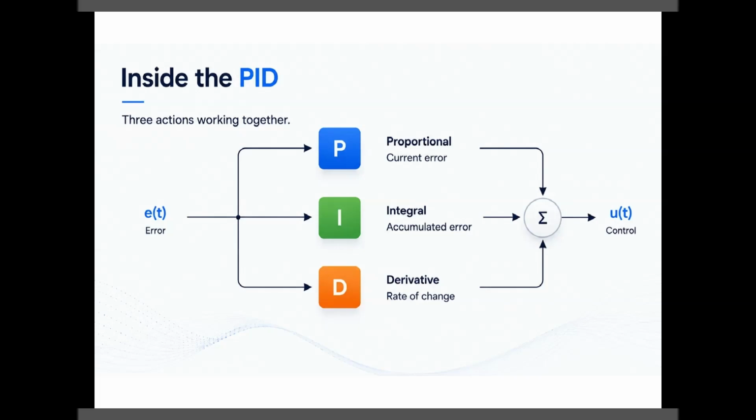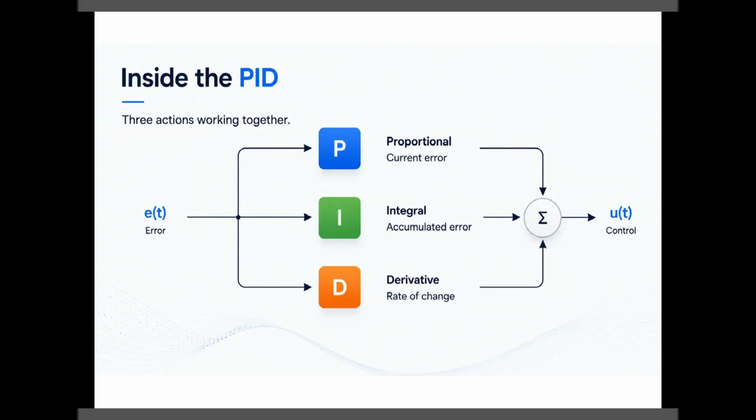Finally, we have the derivative term. Rather than looking at the present or the past, it looks toward the future by measuring how quickly the error is changing. If the error is decreasing rapidly, the derivative term anticipates where the system is heading and begins reducing the control effort before overshoot occurs.